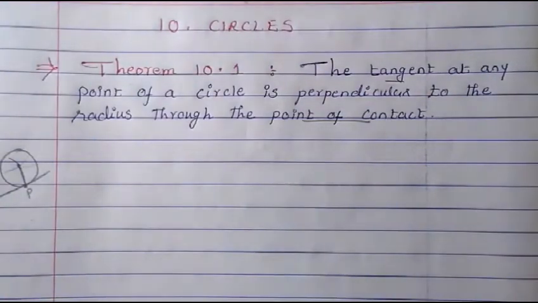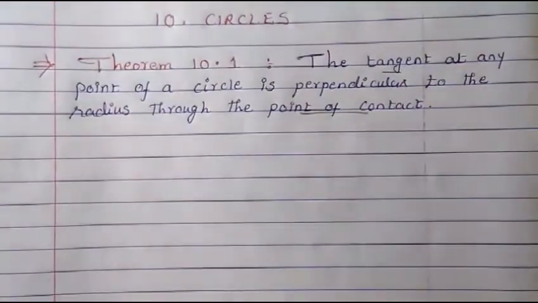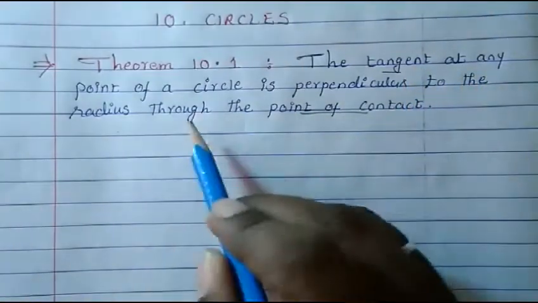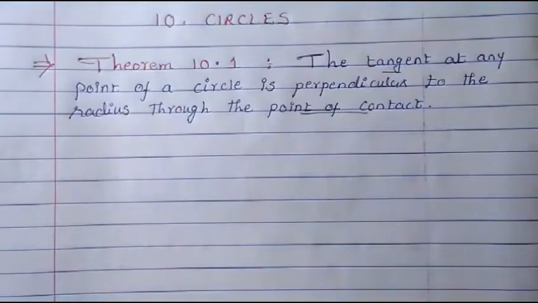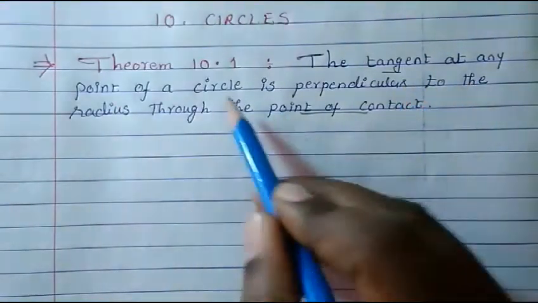So now what does the theorem say? That the tangent at any point of the circle is perpendicular to the radius through the point of contact. First of all, let us draw a circle.